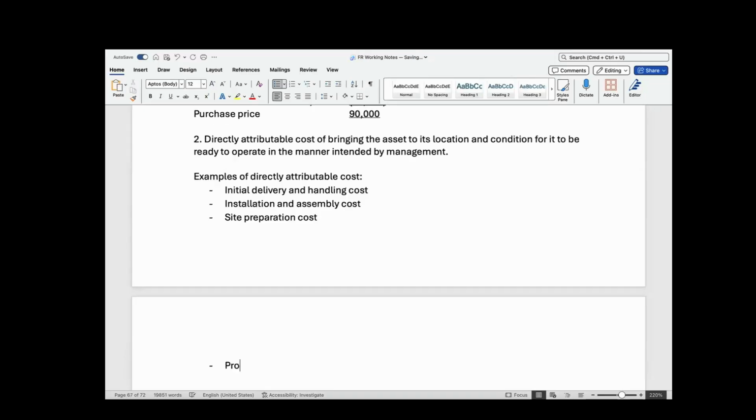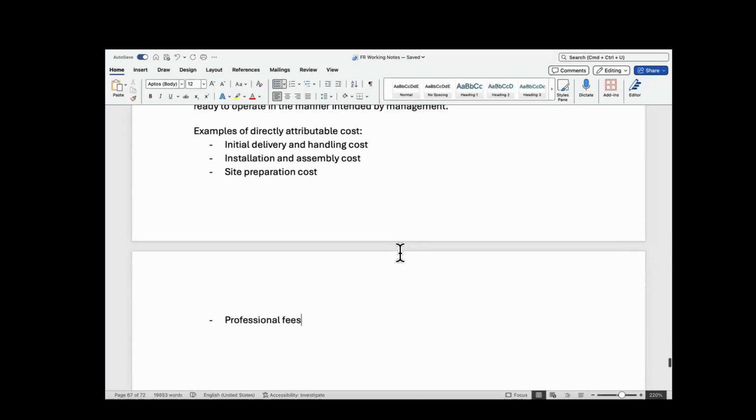If you need a professional lawyer or an architect to do something before the assets can be ready to operate, professional fees are also usually a directly attributable cost, whether architect fees or legal fees.